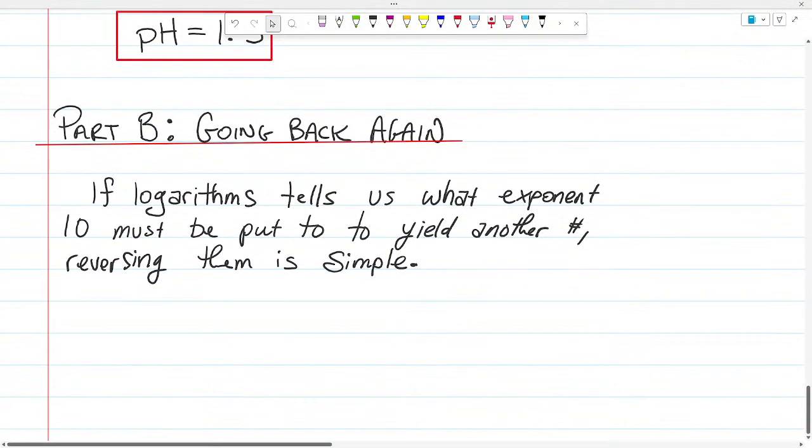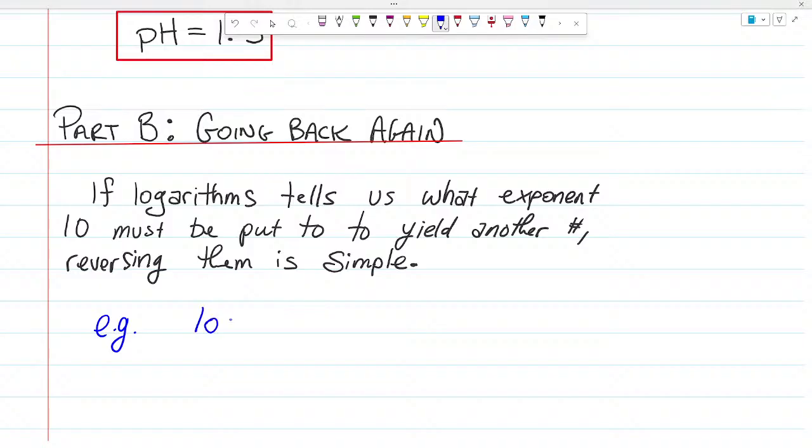All right. So for example, what is the log of 1,000? What exponent do we have to put 10 to get the number 1,000? You can do it in your calculator. You don't have to do it in your head, but you might be able to do this one in your head. What is the log of 1,000? 3.